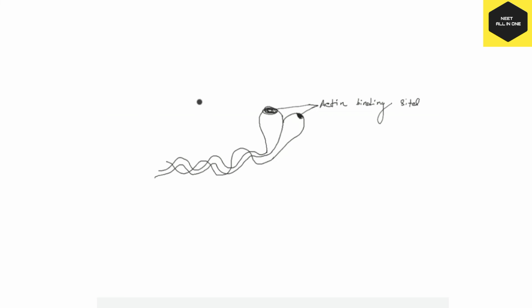And just beneath them it will also carry ATP binding sites. And this portion is known as the cross arm.